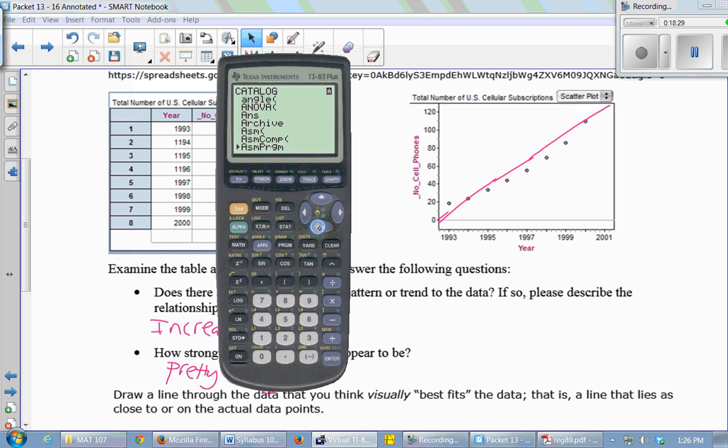Scroll down until you see, I can't remember what it is. I'll know it when I see it. I think it starts with a D. Diagnostic on, that's it. Diagnostic on. Hit enter, enter, and now if you do the regression again, you'll get the R values.